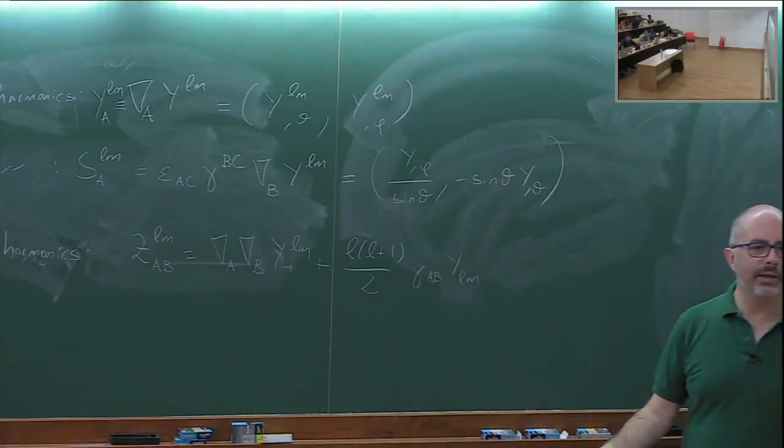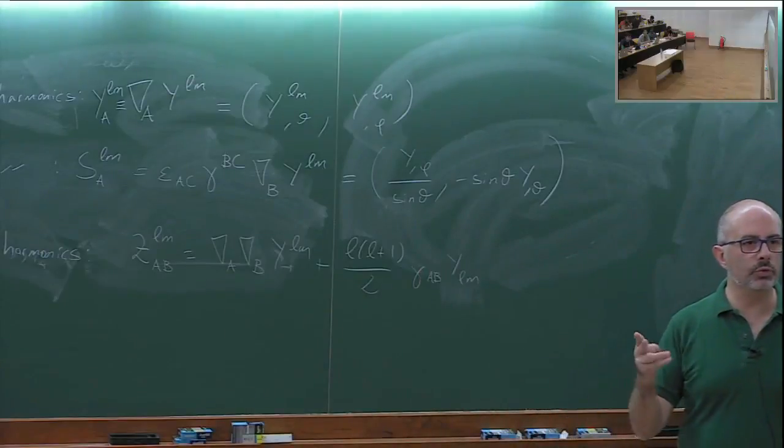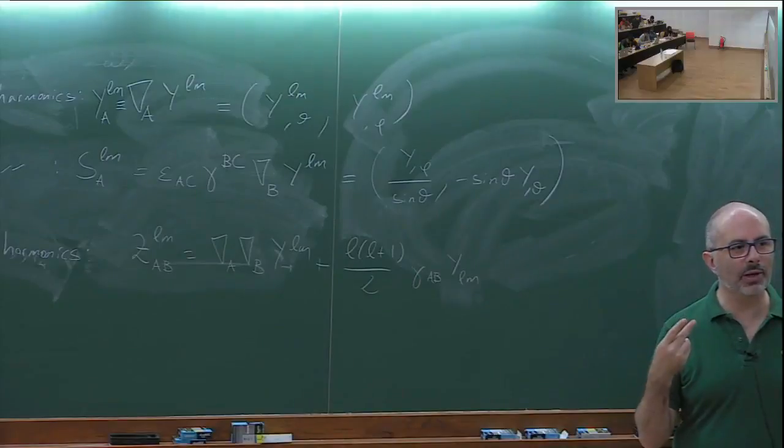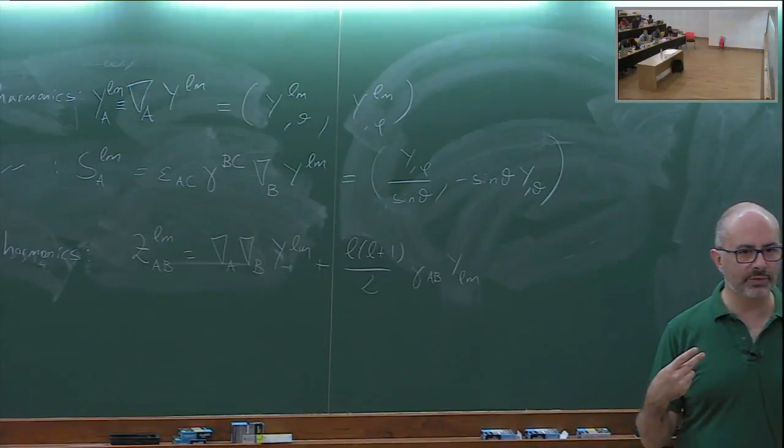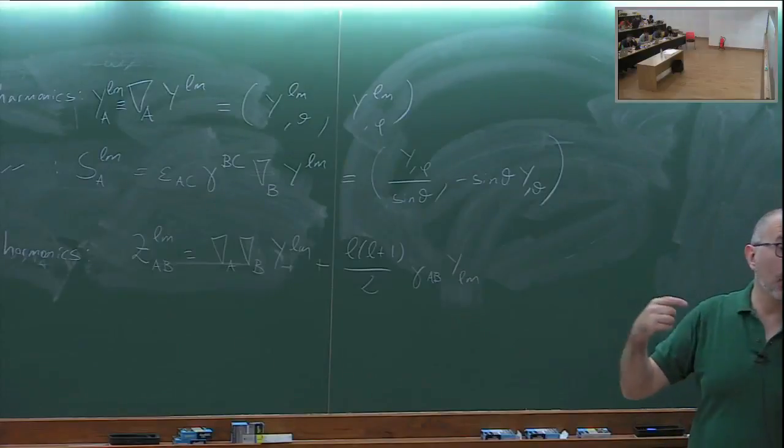So the idea here is that you have two possibilities of constructing a polar tensor out of the quantities that we defined.